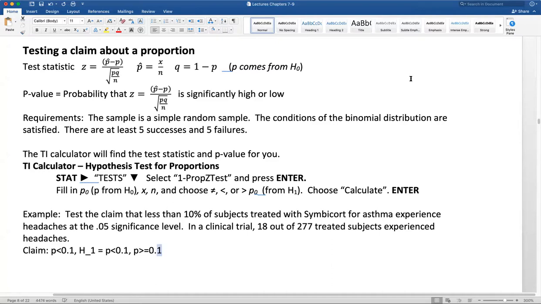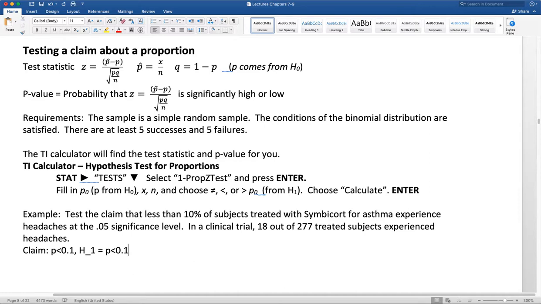But since this inequality contains an equal sign, and the alternative hypothesis should not involve the equal sign, we choose P is less than 0.1. So it turns out that the alternative hypothesis H sub 1 is the claim. Then the null hypothesis is always what?